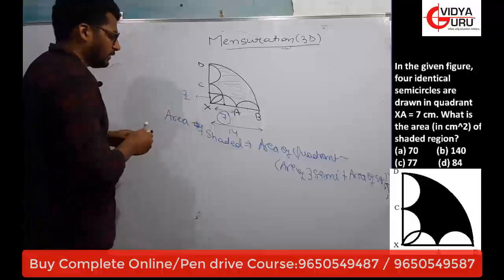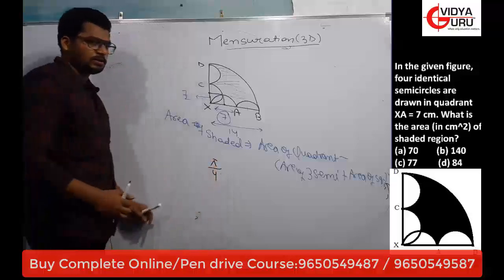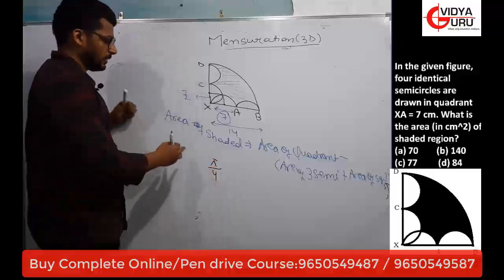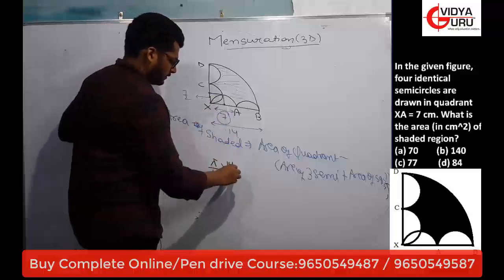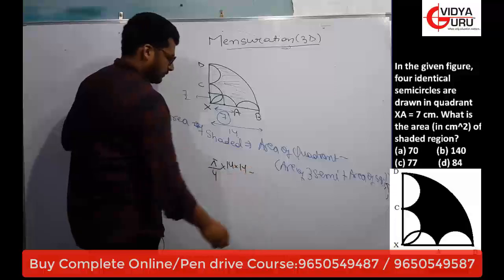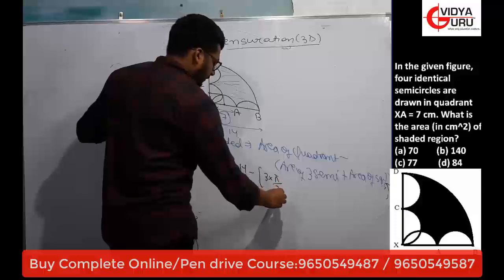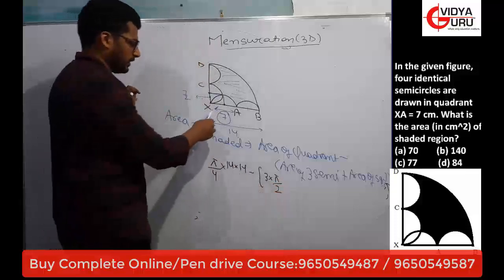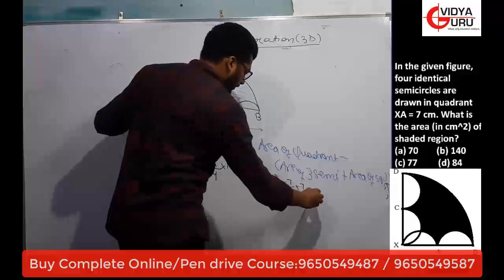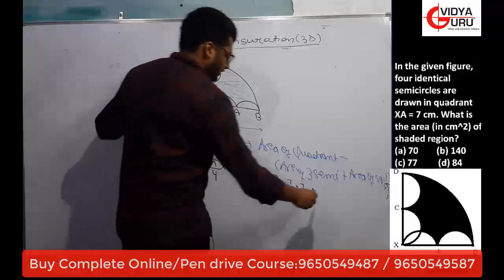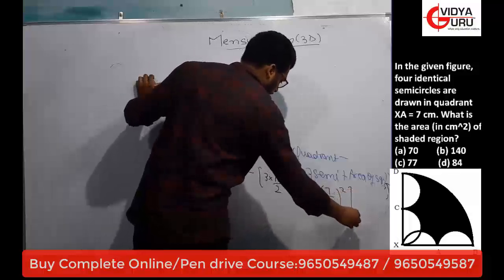So how can we find the area of the quadrant? Pi by 4, because pi r square is the area of a circle, so pi by 4, and r square, what is the radius? 14. 14 into 14 minus the area of 3 semicircles, 3 into pi by 2 r square, what will be r? 7 by 2 into 7 by 2, and plus the area of the square, which is side square, 7 by 2 whole square.